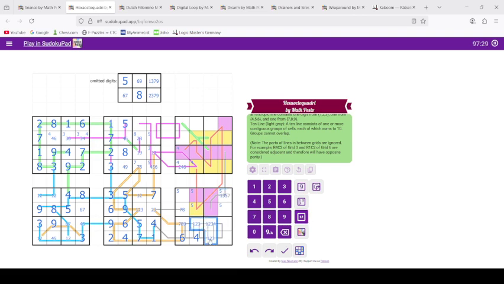If this doesn't have a repeat on it, if this isn't a 4, then these have to be 1, 2, 3. But this could be 1, 2, 3, 4.